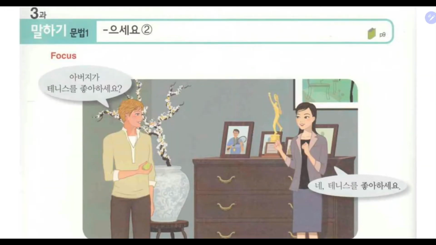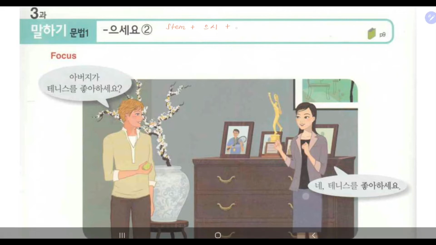자, first grammar point, honorific form, the present tense. How do we make it? We need the stem of the verb, isn't it? Stem plus 으시 plus sentence ending, 아요 or 어요.